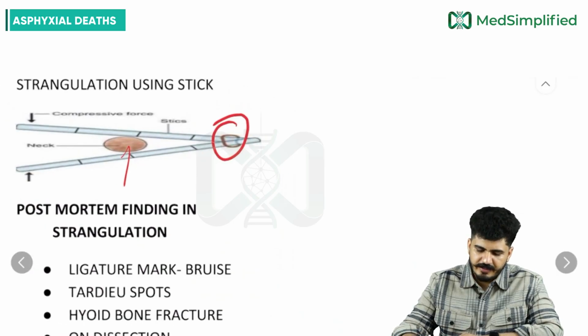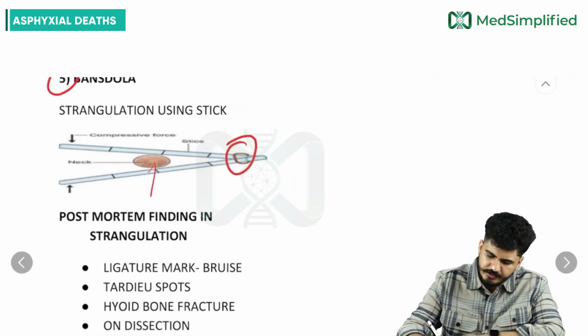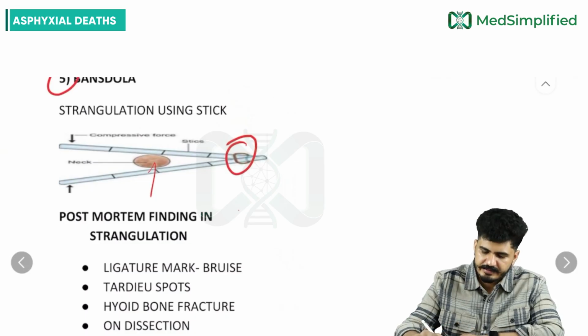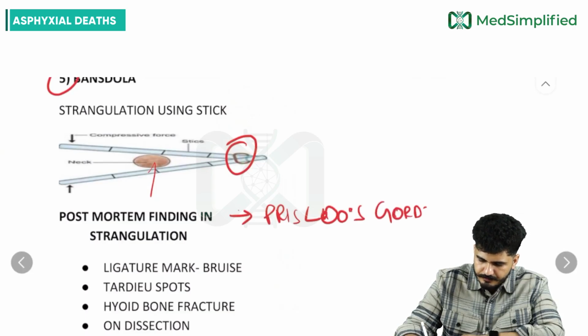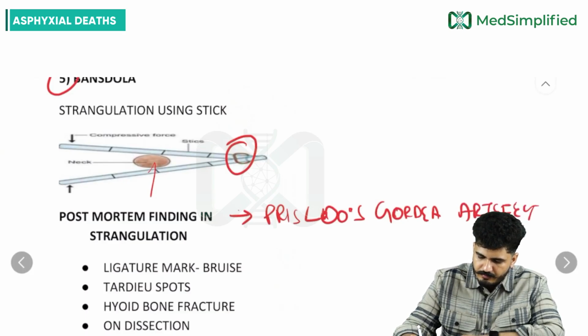So for the postmortem findings in strangulation, before that you should know that there is an artifact, and that artifact is called the Prinsloo Gordon artifact. What is this artifact?